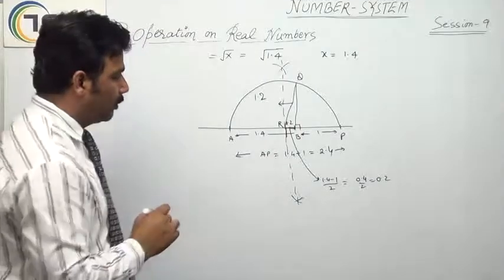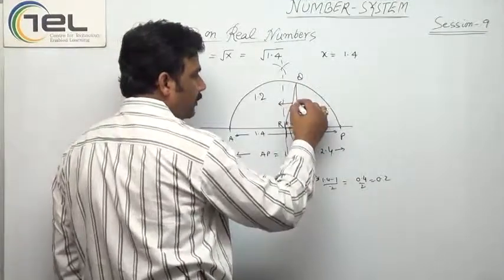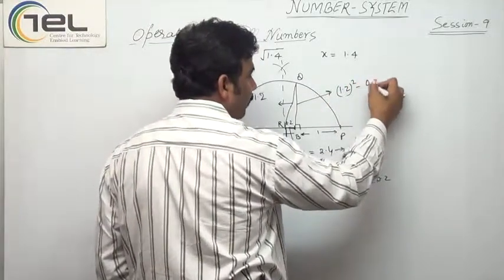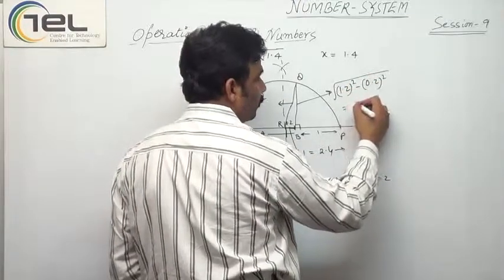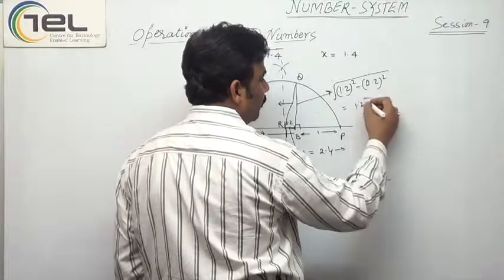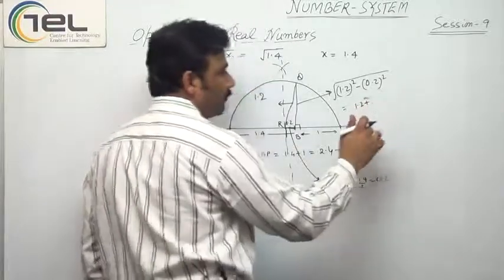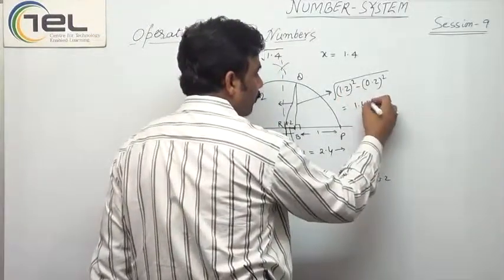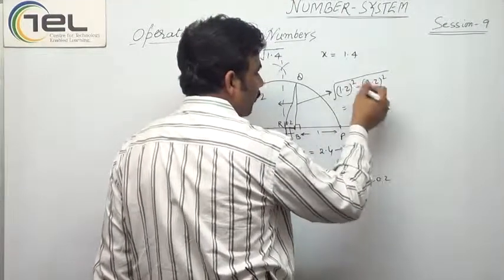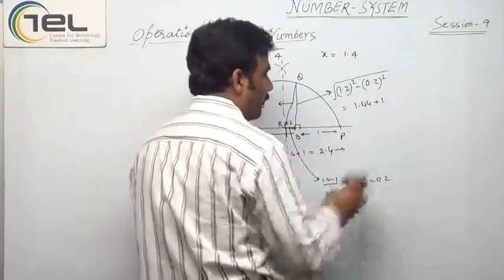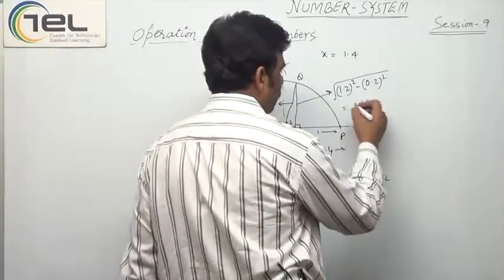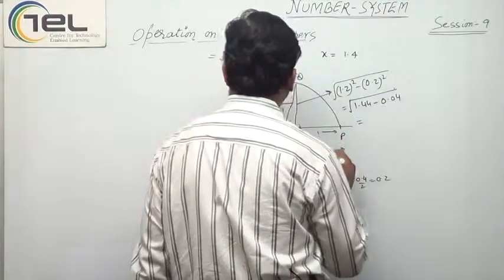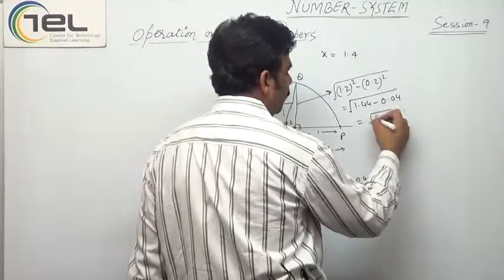So this is 1.2, and with this we can directly put 1.2 whole square minus 0.2 whole square, under root, and it becomes 1.44 minus 0.04, and what it becomes is under root 1.4.